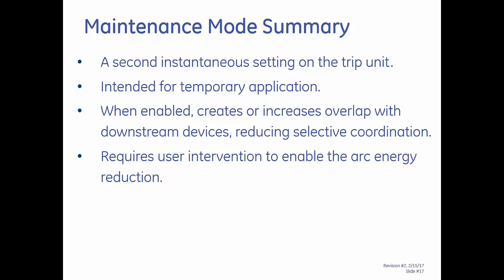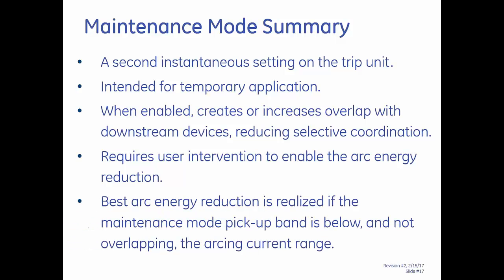Key point, it's going to require user intervention to turn it on and off. And, of course, the best arc energy reduction is going to be achieved when that maintenance mode pickup band is below and not at all overlapping the arcing current range. And we also talk about, to the extent possible for selective coordination or the amount of coordination you're willing to give up, providing a margin of safety there as large as possible.